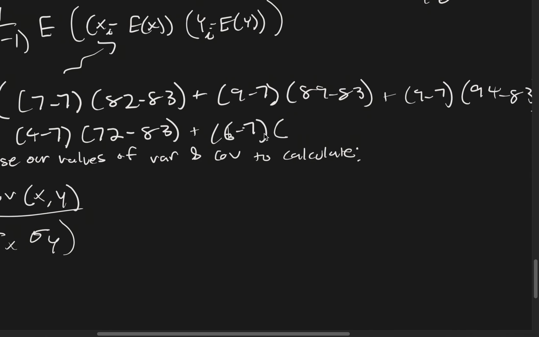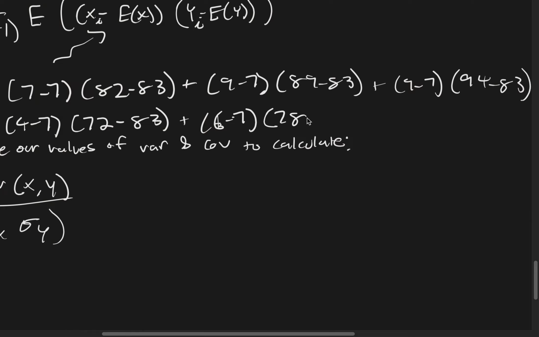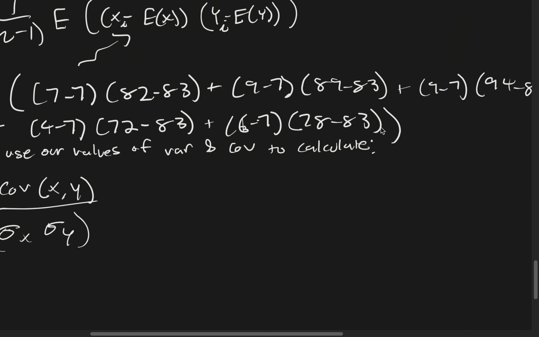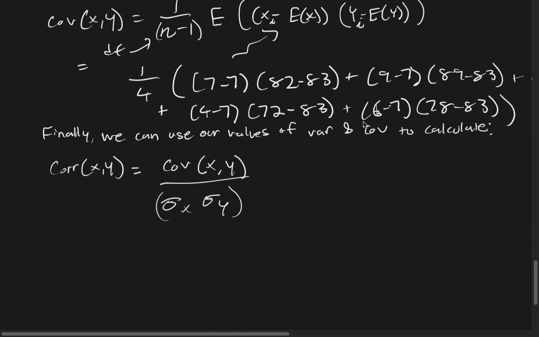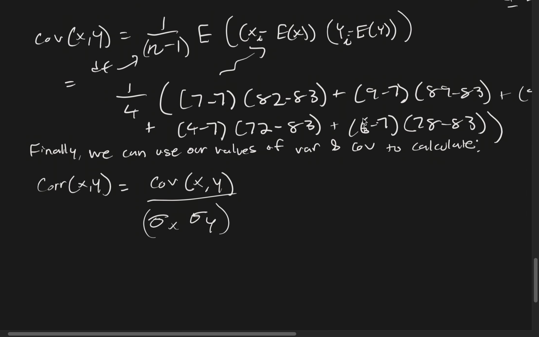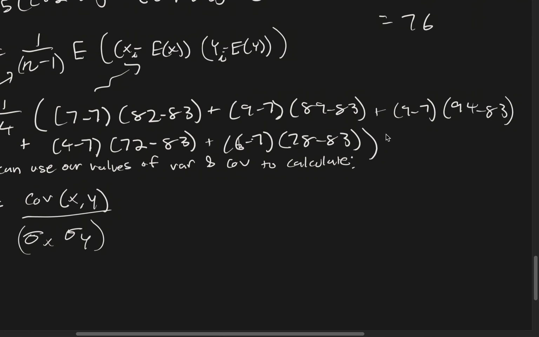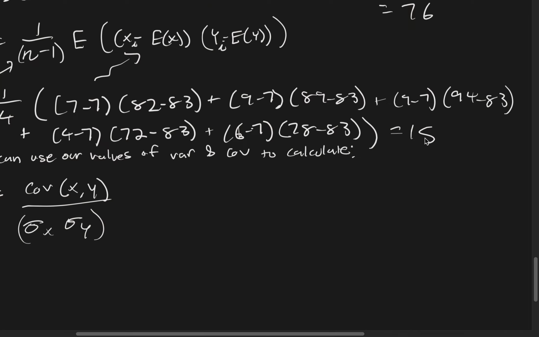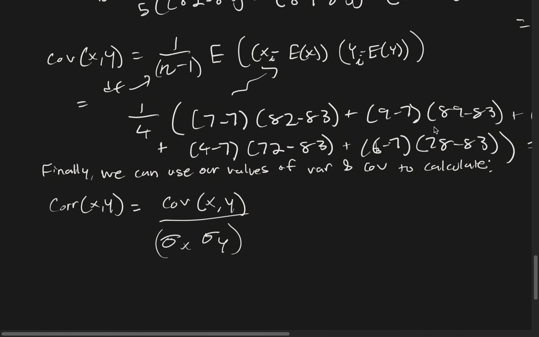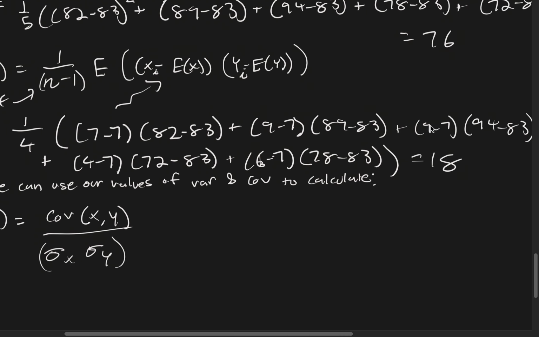So this is 6 and then 78. All right, if we do all that, again, assuming no mistakes, it is very easy to make mistakes when we're calculating this type of stuff, but assuming no mistakes, we will get a final value of 18. So the covariance of x and y is 18.